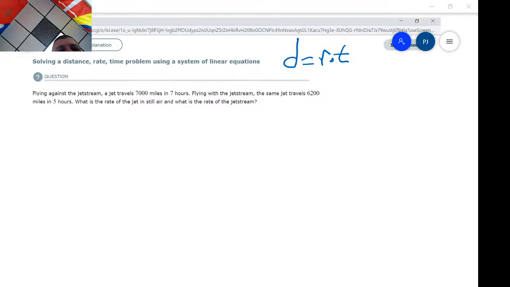So this can actually be set up quite easily. If we look at this, we have distance equals rate times time. My first distance is 7,000. My rate, I don't know what it is, but I know that the rate of the plane is being slowed down because I'm going against the jet stream.